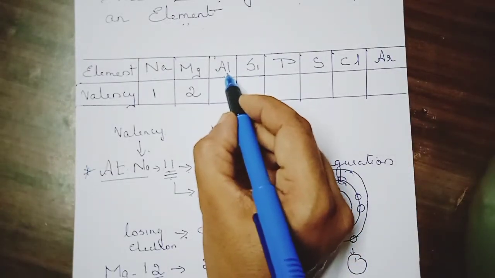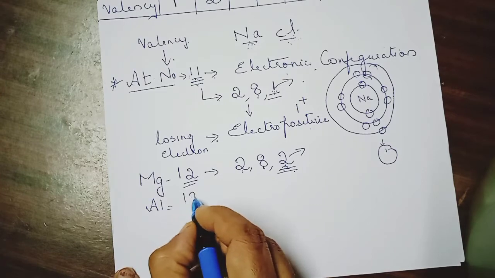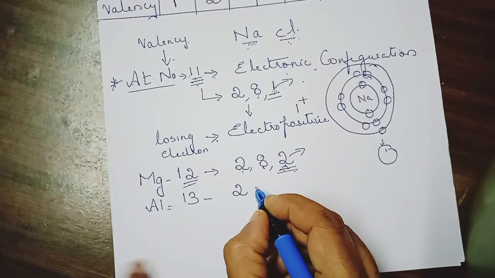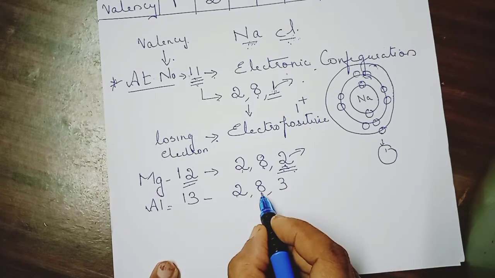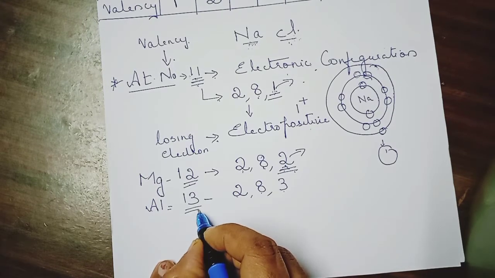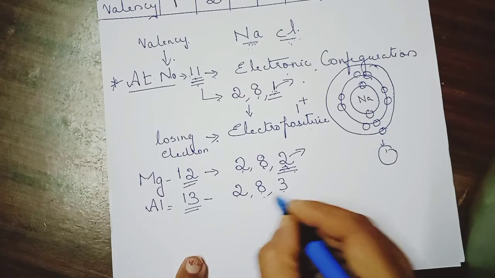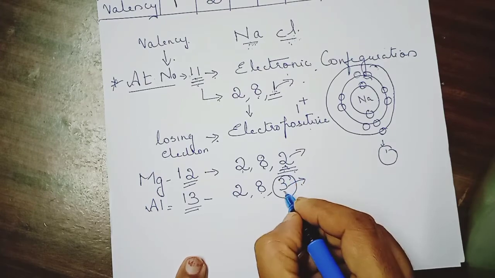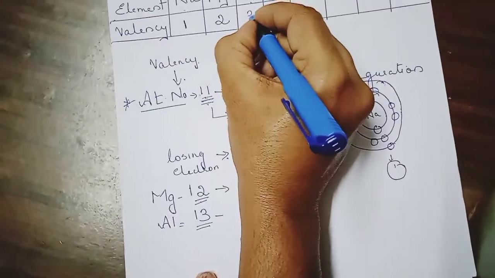Aluminum has atomic number 13 and its electronic configuration is 2, 8 and 3, because 2 plus 8 is 10 and 10 plus 3 is 13. To attain its octet, it has to give 3 electrons. So the valency is 3.